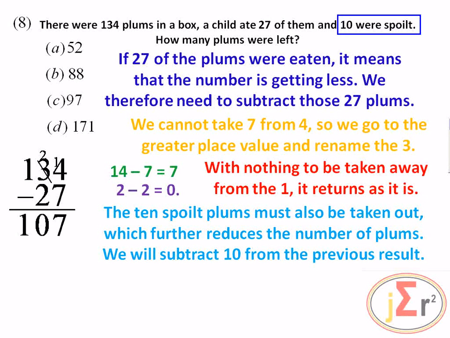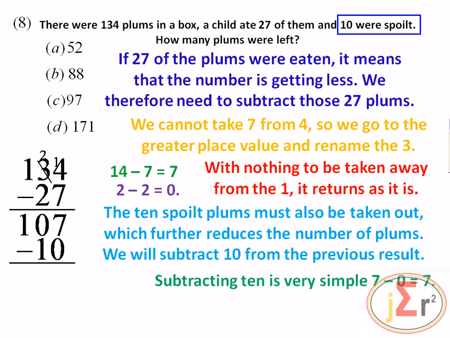So having the result of 107 plums, 10 were spoiled. So we need to reduce the number of plums by 10. So we need to subtract 10 plums. Subtracting 10 is very simple. 7 minus 0 is 7. What about here? We may rename the 1 and then put the 1 here and have 10.